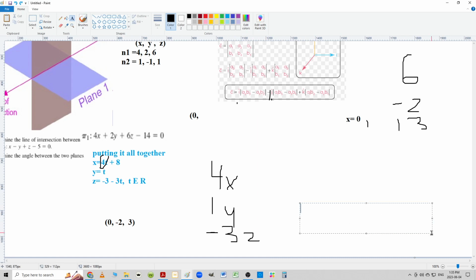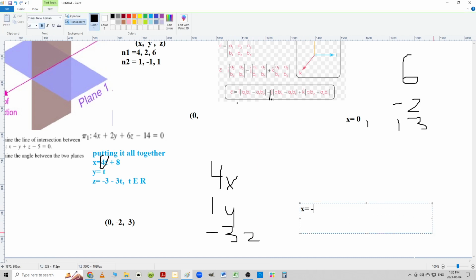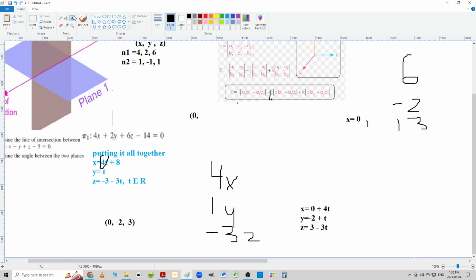So I get this formula. x is equal to 0 plus 4t instead of 4x. y is equal to the minus 2 I found plus t instead of 1y. And z is equal to the 3 I found minus 3t. So all I did was replace the t for all these values. It makes sense because when you found the cross product and the parallel line, it was a directional vector, it just had scale.